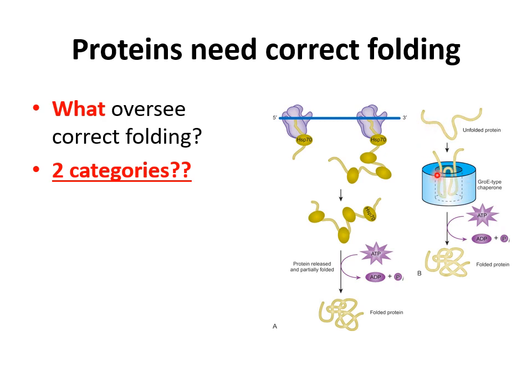So chaperones such as the GroE type will basically provide a sequestered environment for that protein to naturally fold on its own without any other proteins coming along and trying to interact with it. So it gives it a chance to refold properly.